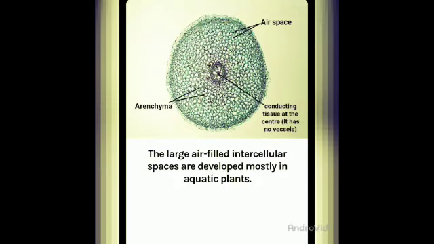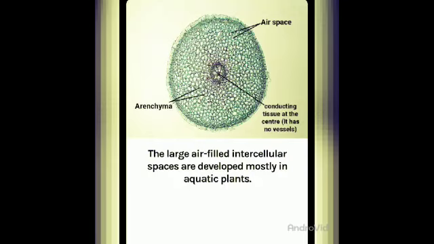They have large vacuoles, cytoplasm, and small intercellular spaces, right? And here we are seeing the large air-filled intercellular spaces. That means these intercellular spaces are filled with air. That is why we are using the term air-filled intercellular spaces.